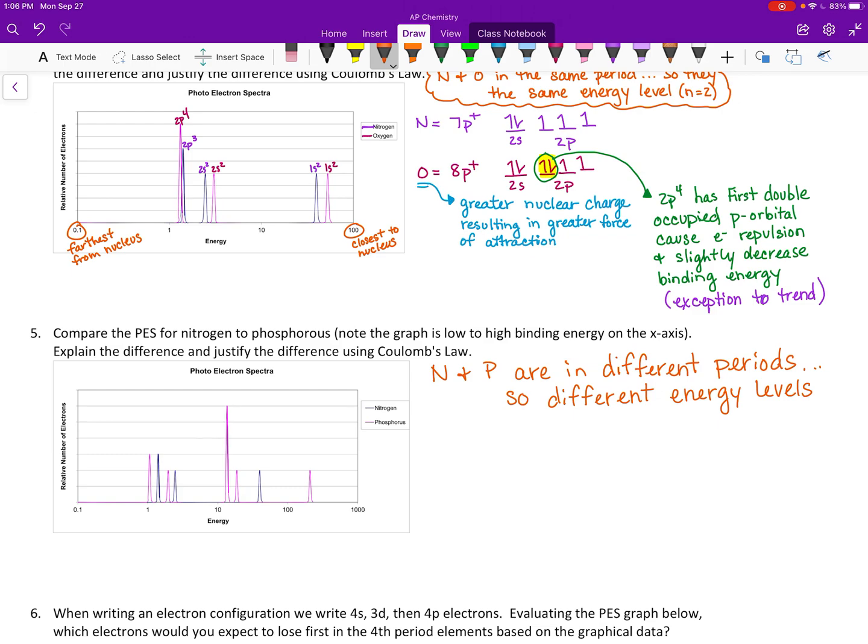And it's really all about trying to describe what is happening with the data that we see. Okay. If they're in different energy levels, electrons are at different distances.